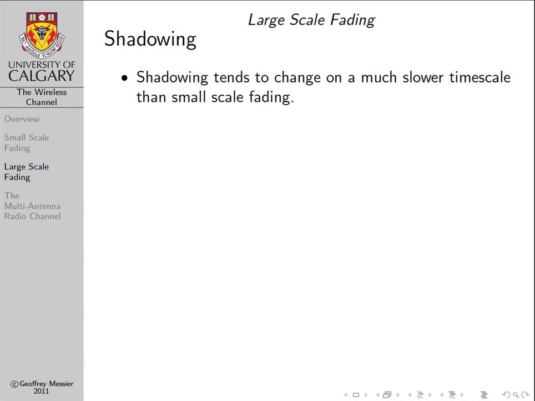If we think of a large object as a house, then we need to travel the width of a house, tens of meters, before we experience a significantly different random shadowing factor. Small scale fading will vary on the order of centimeters. You move centimeters and you start to see small scale fading variation. With shadowing, you need to move many meters, several meters.